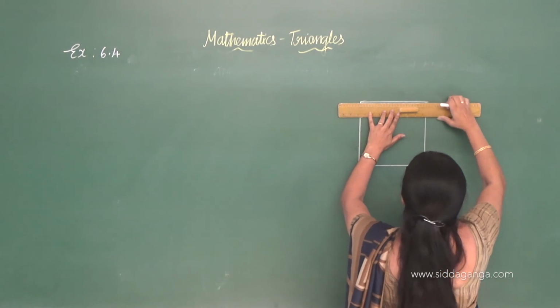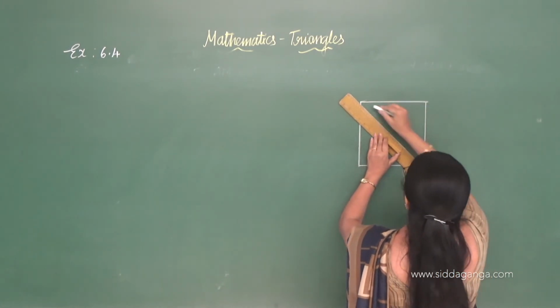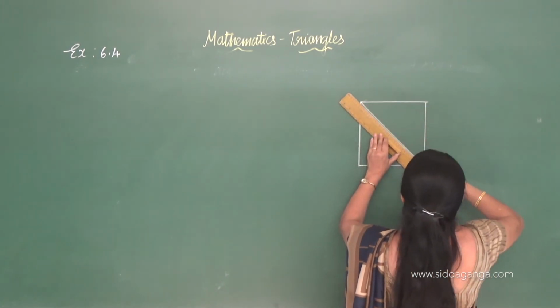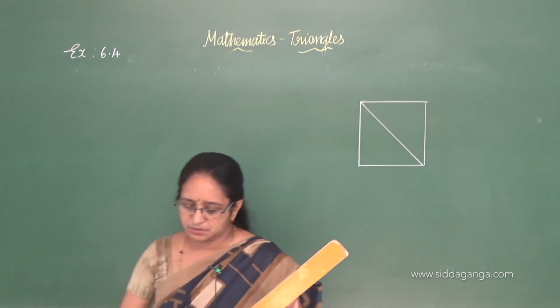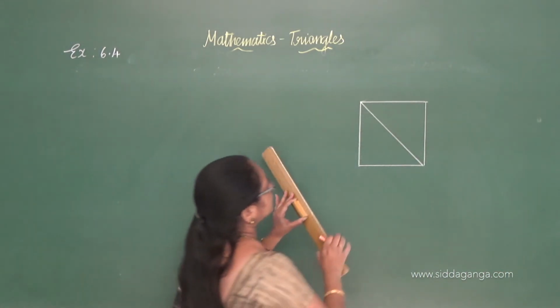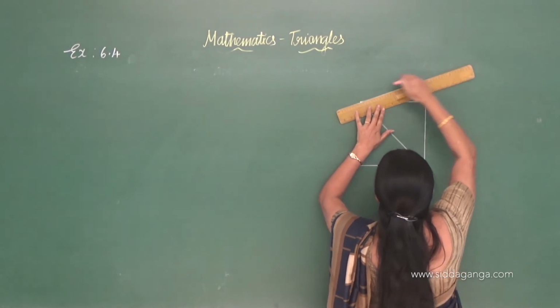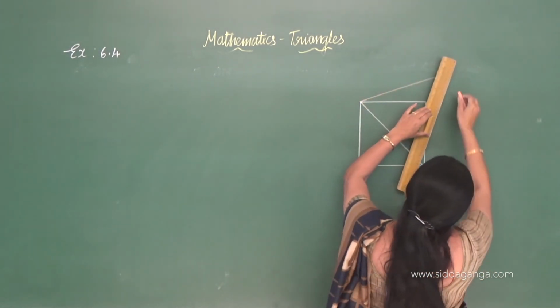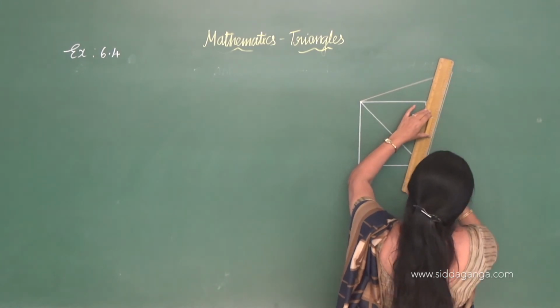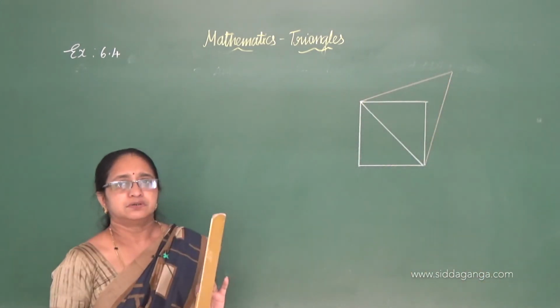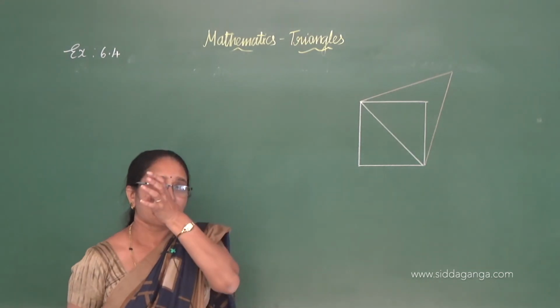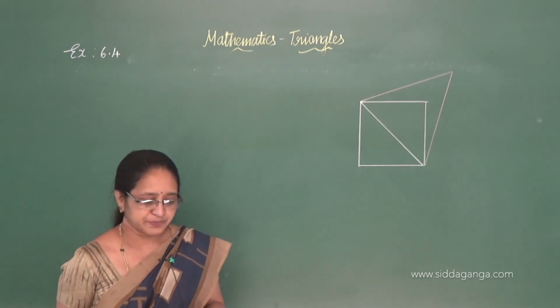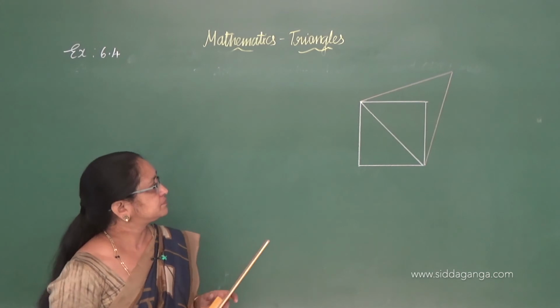Square is there. So, on the diagonal, one equilateral triangle is described. So, read the question carefully, you have to draw the diagram. When they have not given the diagram, you should be able to draw the diagram by looking at the question.